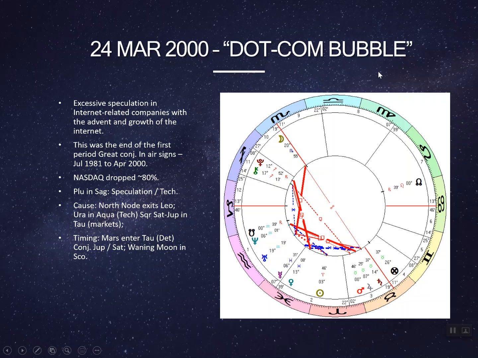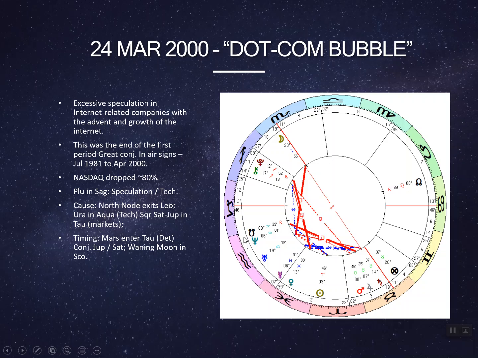This is quite important because next year we're about to see another hard aspect form between Uranus and Saturn. Only this time round, Saturn and Jupiter are going to be in Aquarius because the great conjunction is happening in Aquarius in December this year.